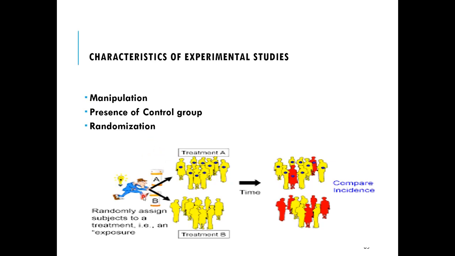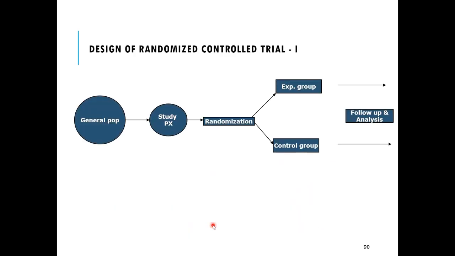But if the researcher divides them at their own will, depending upon their socioeconomic condition, gender, or age group, then it is a non-randomized control trial. So in a randomized control trial, there is a population, randomization is done, group 1, group 2, intervention is done, and then follow-up and analysis is done. Fine.